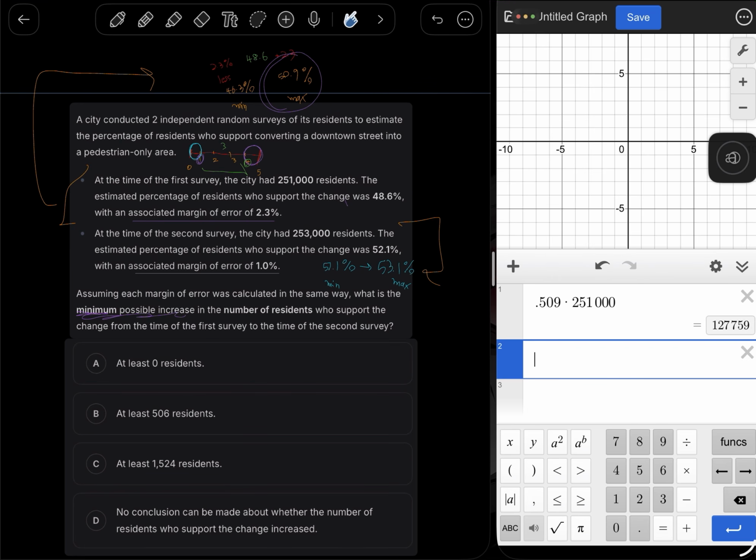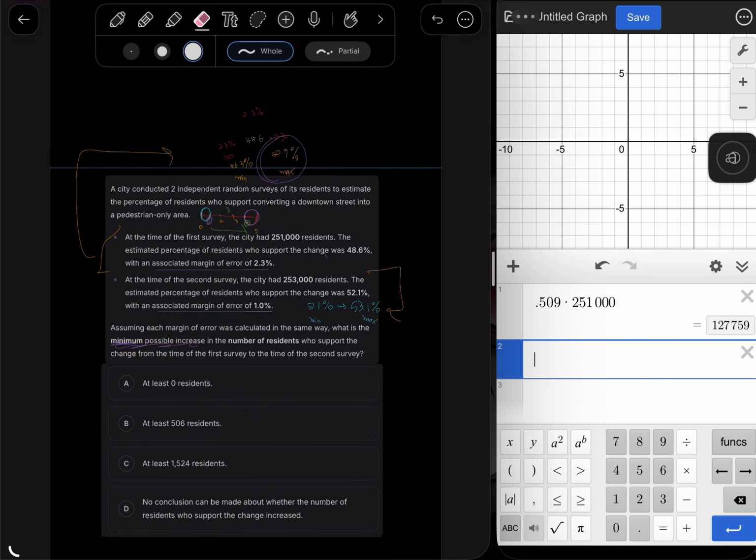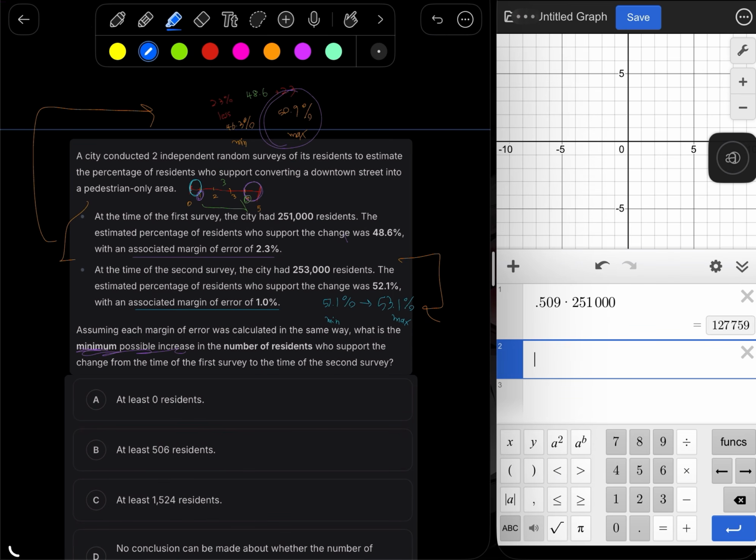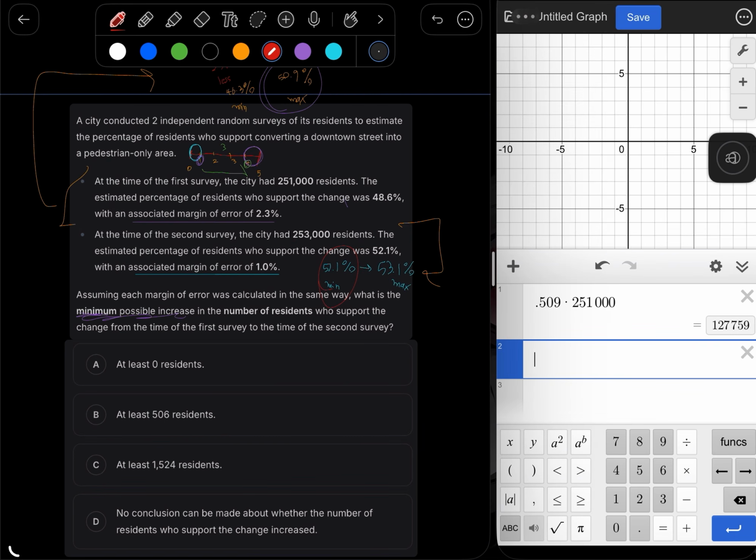Now, I told you earlier we want the smallest possible value for the second survey. We calculated that earlier; it was 51.1. So once again, convert to decimal form by dividing by 100. You do 0.511 times 253,000, and you get that number. That represents the smallest number of residents who supported the change in the second survey.